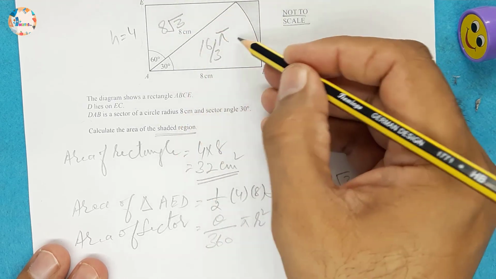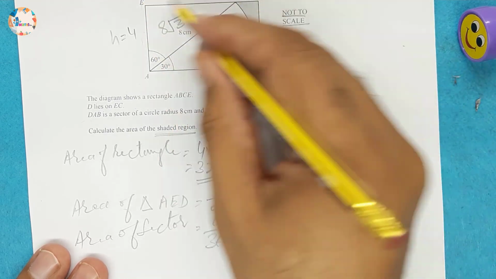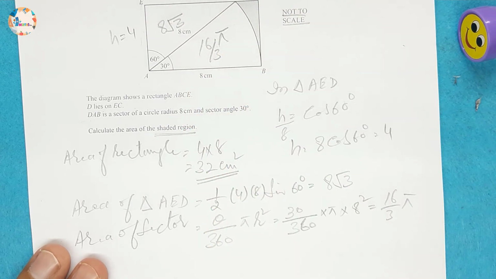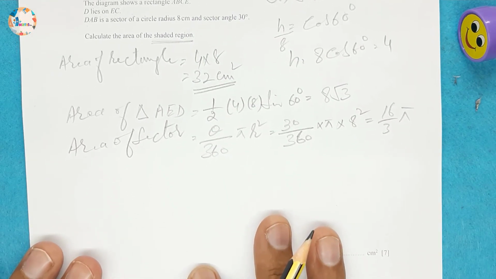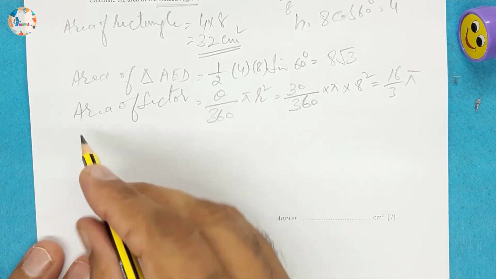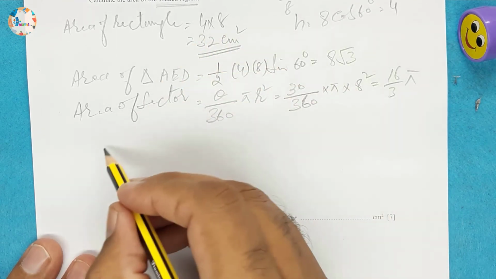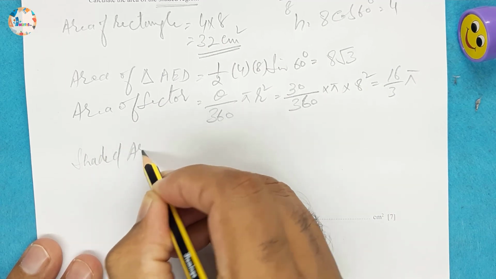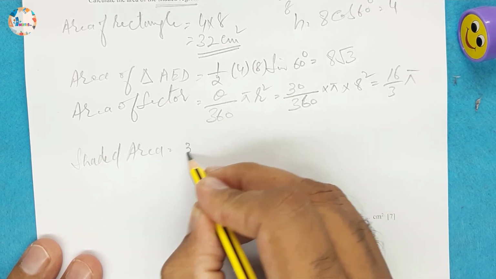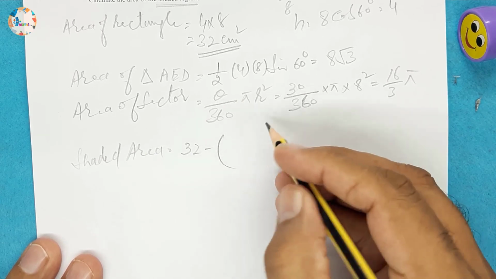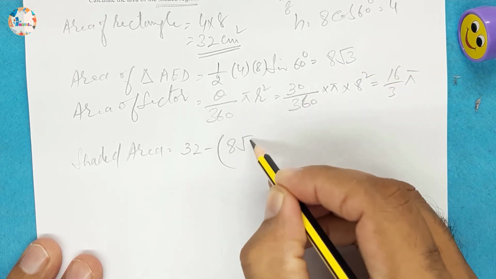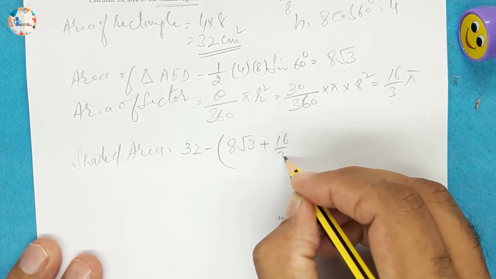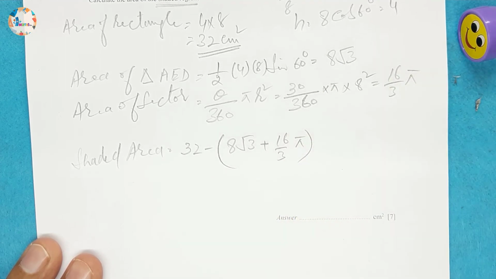Now we have this area, we have this area, and we have rectangle area also. So we'll subtract these two areas from the rectangle area. Rectangle area we know is 32. So shaded area will be equal to 32 minus 8 under root 3, which is area of the triangle, and 16 over 3 pi, which is area of the sector.